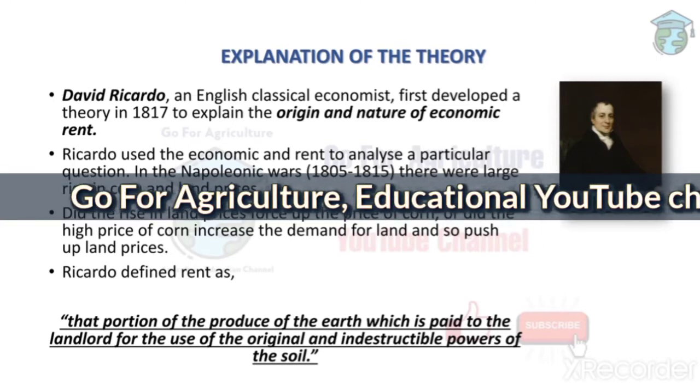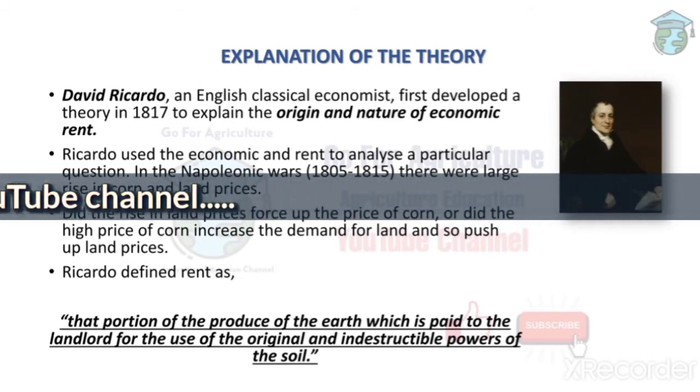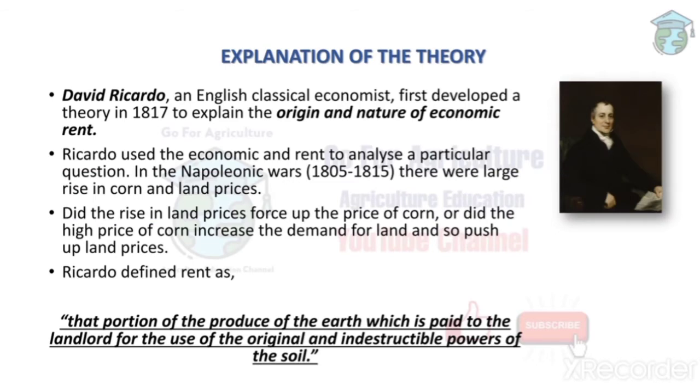If we use that land, we should pay something to the landlord because we are using his land. So what David Ricardo is saying is that rent is the portion of the produce of the land which is paid to the landlord for the use of the original and indestructible powers of the soil. Original and indestructible powers means the properties of the land.